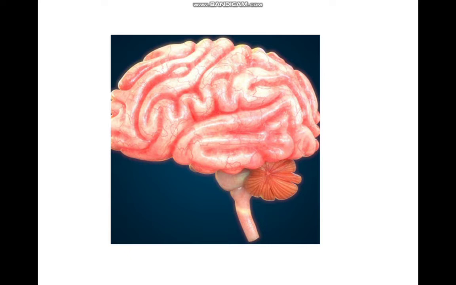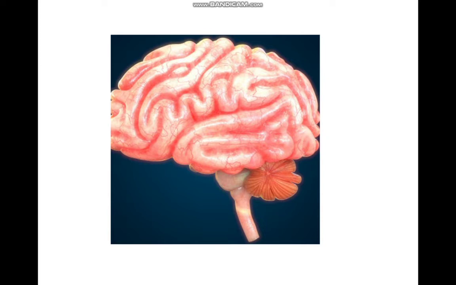Later on, the prosencephalon is further divided into the telencephalon and the diencephalon. Telencephalon becomes the cerebrum, and the diencephalon is your future thalamus and hypothalamus. The mesencephalon remains as such in the form of the midbrain.